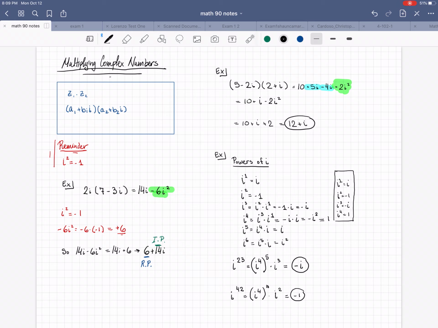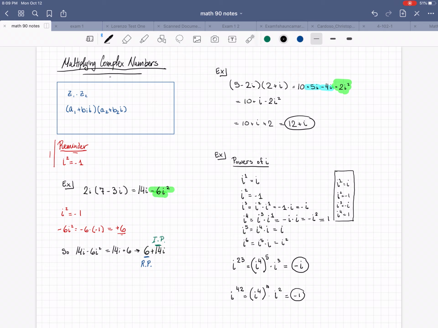So anytime somebody asks you for a power of i, all you're really looking at is how many clean cycles of 4 are there, but more importantly, what's left over after I take out all of those clean cycles of 4. And then that is the same as your power of i.